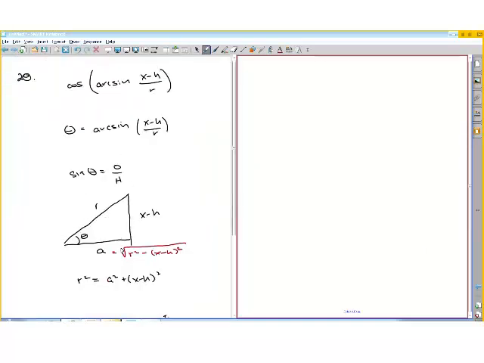So now that we have all the sides of the triangle defined in terms of the variables, x is the variable, h and r are constants. The cosine of theta, looking at the triangle, is the adjacent over the hypotenuse. The adjacent is the square root of r squared minus x minus h squared, and the hypotenuse is r.